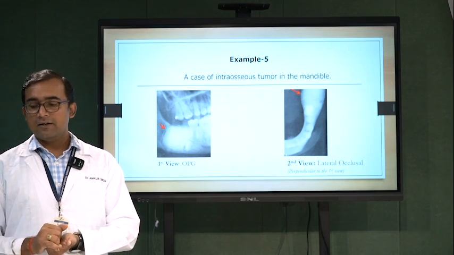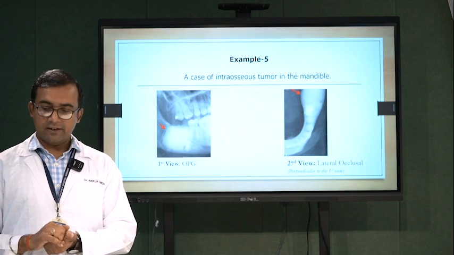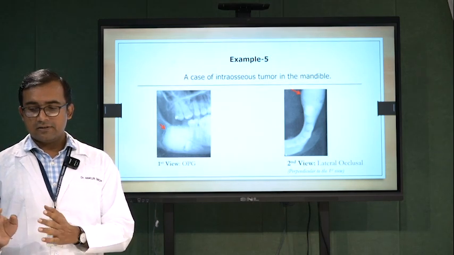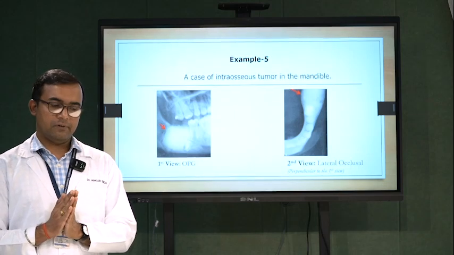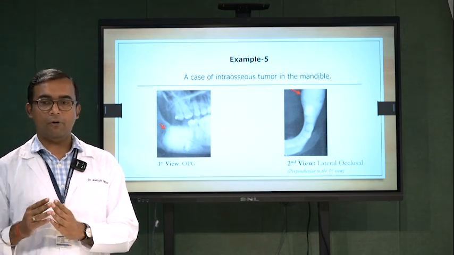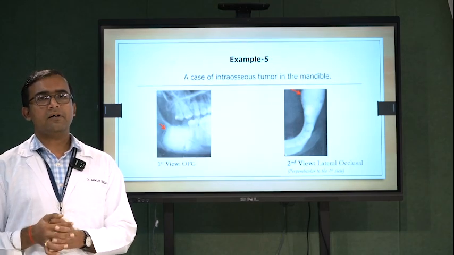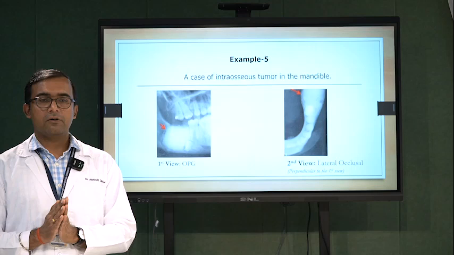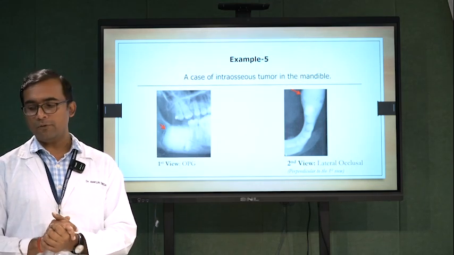So in the OPG, the pericoronal radiopacity which is present completely obscures the depth of the pathology, whether it is close to the buccal cortex or buccal side, or the lingual side, or it is present in both the cortices or throughout the width of the jaw.